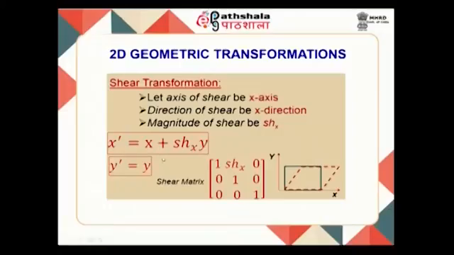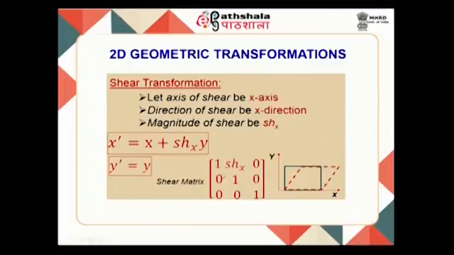Now, the same thing is explained here in the equations. The y dashed is equal to y, and x dashed is the new x coordinate, which is the previous x coordinate plus the shear magnitude SHX multiplied with the y coordinate. The suffix x in SHX indicates that the shear magnitude is applied along the x direction.